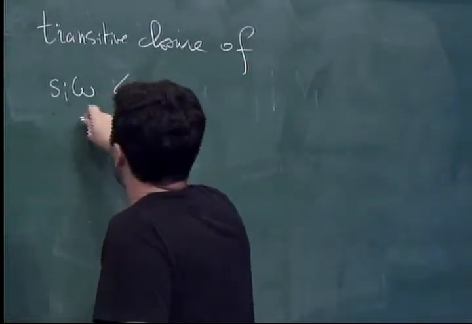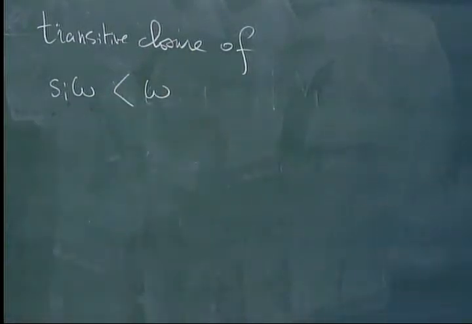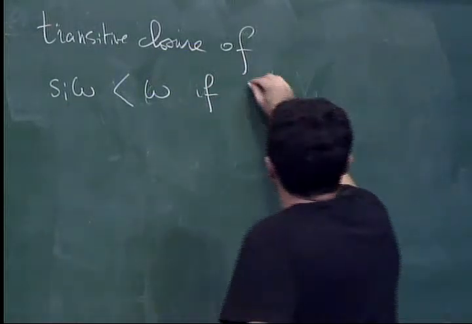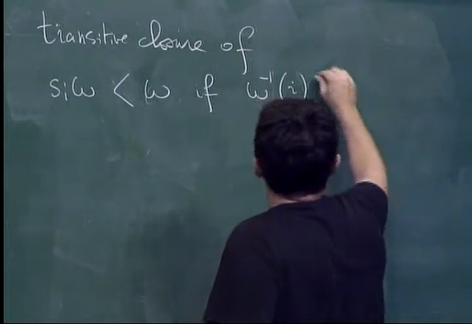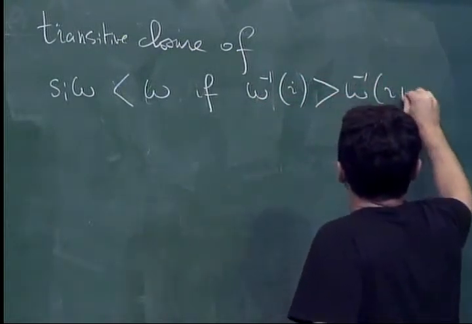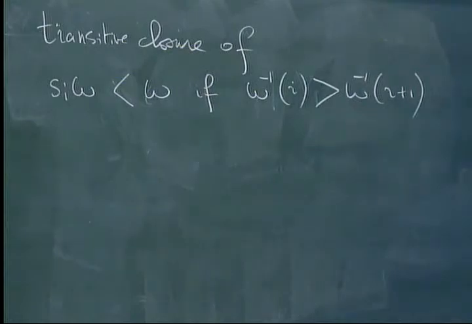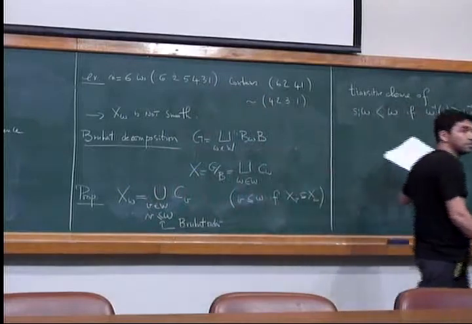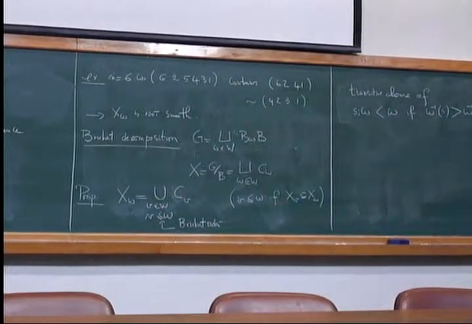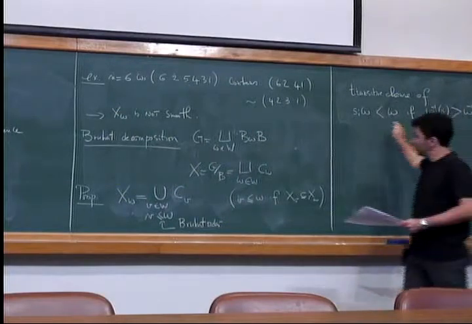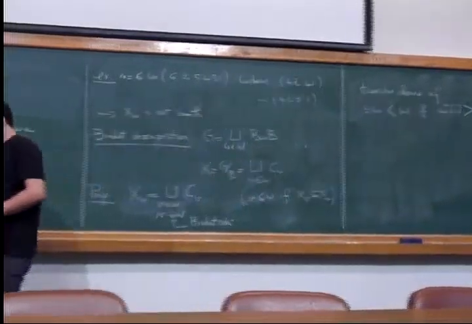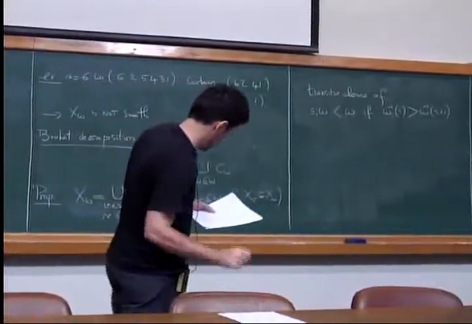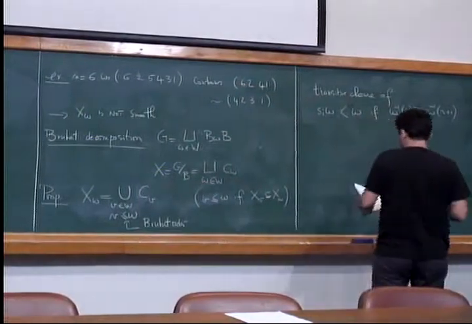You say that s_i w is less than w if the condition holds that w inverse of i is bigger than w inverse of i plus 1. And you consider the equivalence relation generated by this one. Okay? So using this, you get this decomposition. We will use this later on.